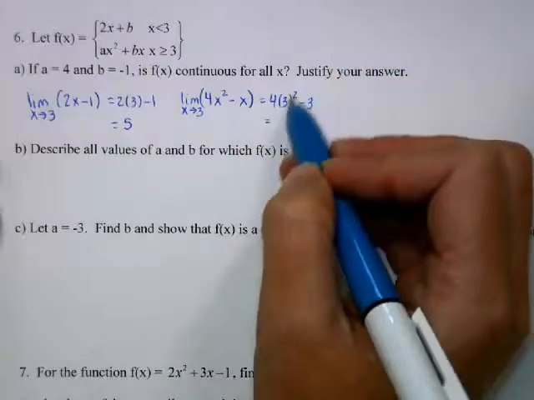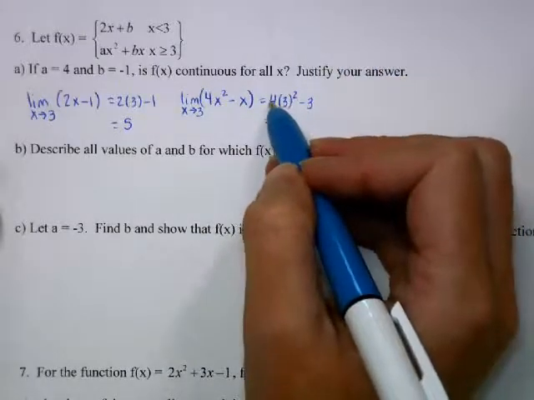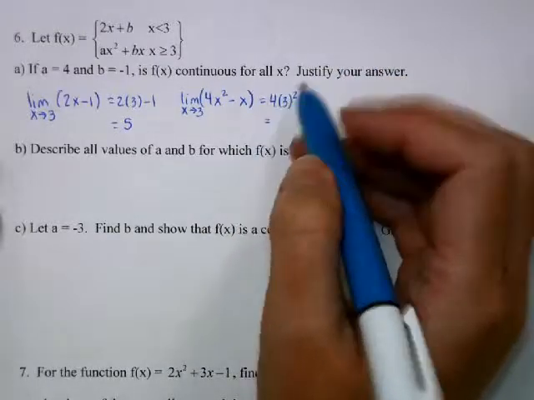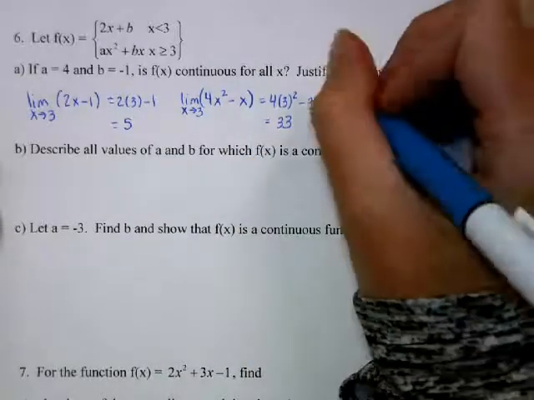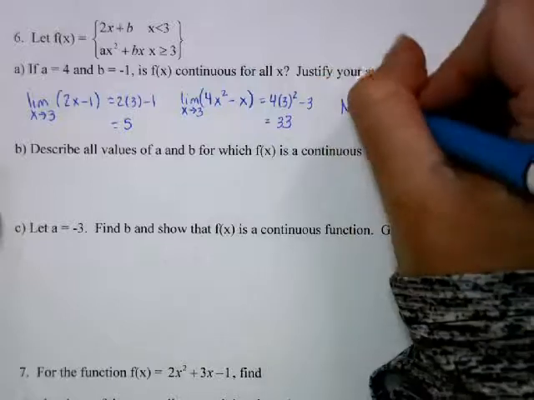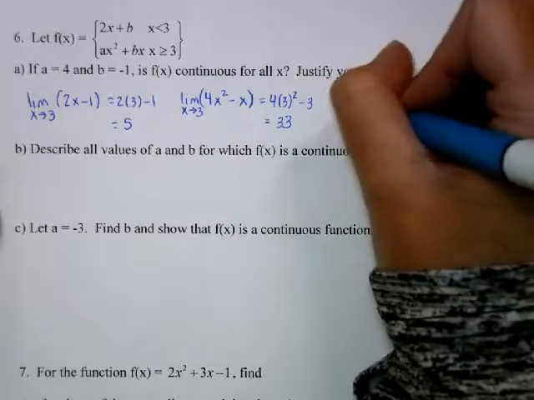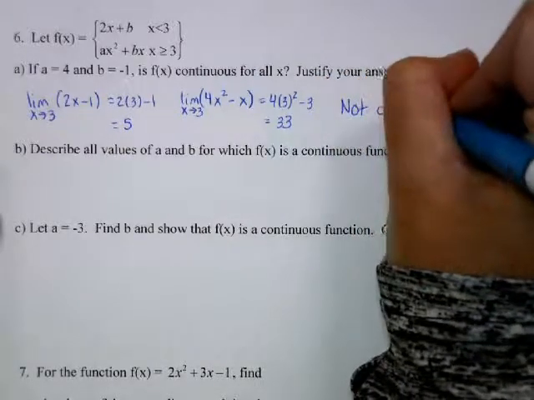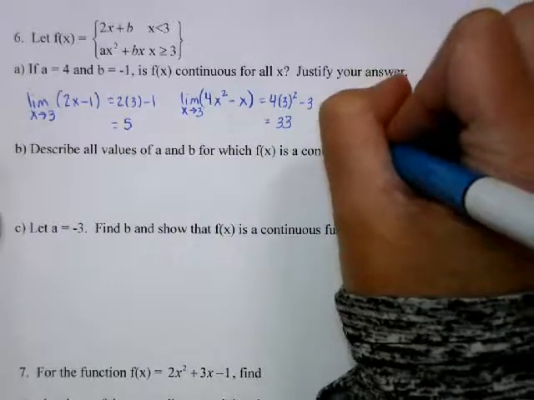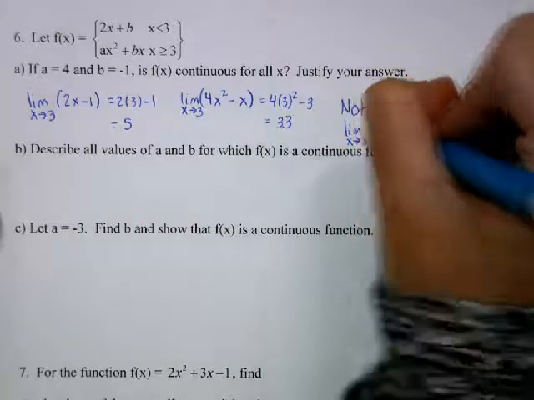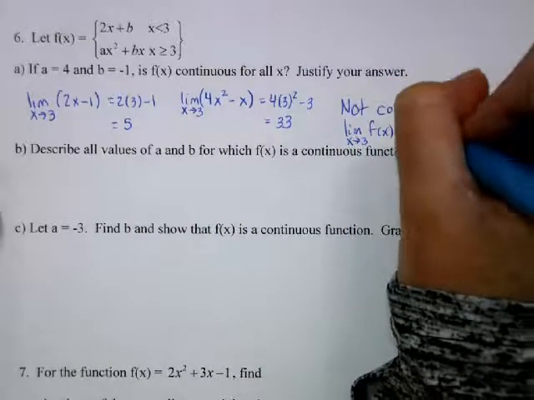Okay, so is this continuous? No, it is not, because the limit as x goes to 3 does not exist. Okay, so where would the values be continuous? Well, the values are going to be continuous if I plug in 3 and I get the same thing.